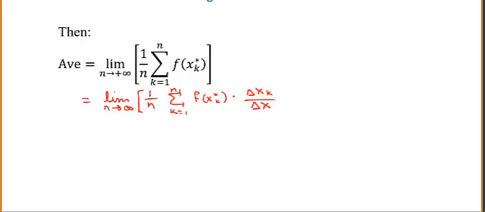And why do I have this here? Remember, they're all the same size. So we called all these delta x sub k's delta x, and this delta x is constant, so we could take that out.